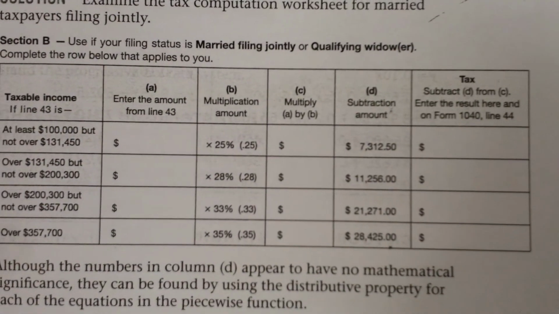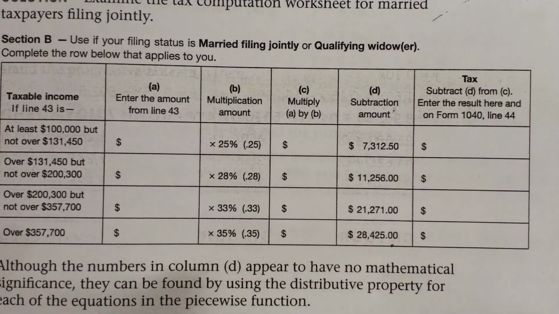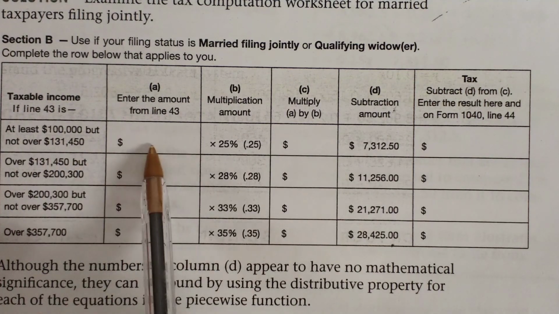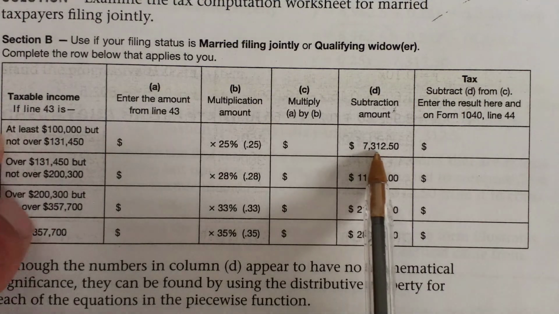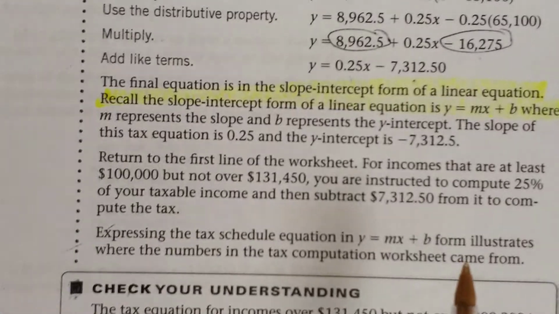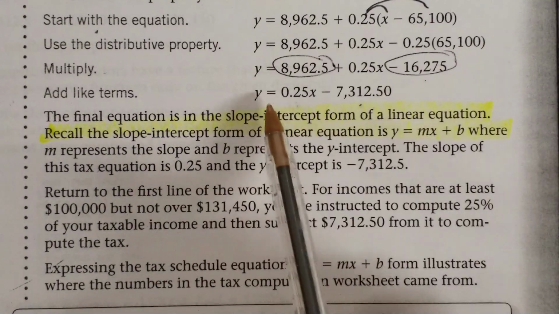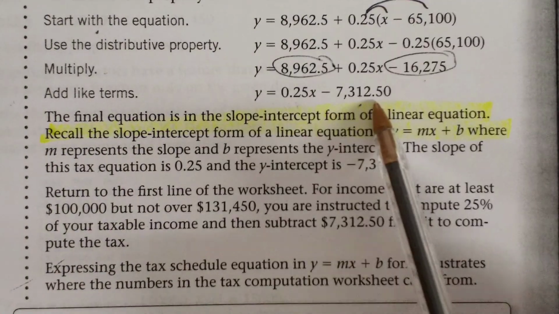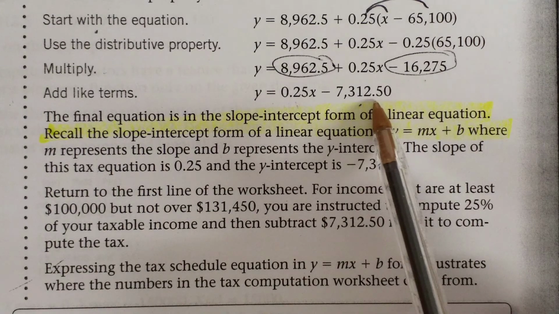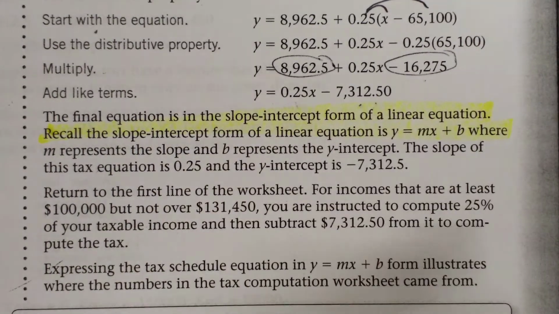This table we saw in the last one. Here's our income amount. We're paying 25%. See this subtraction amount? That's your b number that we saw in this amount here. So your tax rate and the amount that you would subtract from your initial tax amount would give you your final tax amount.